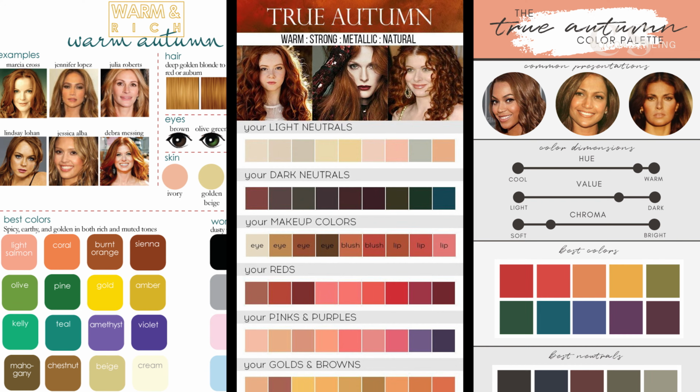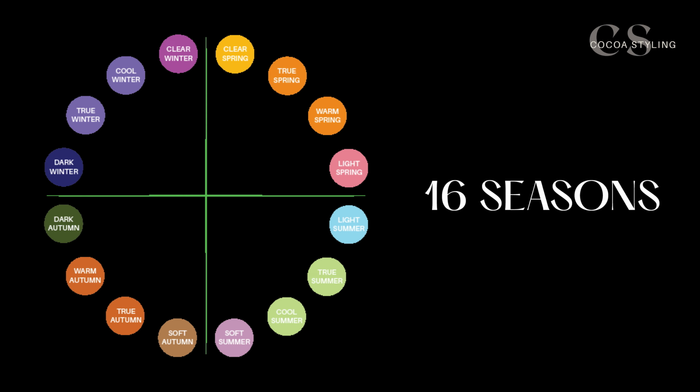The thing is that with that one, even if you call it true autumn, what it implies is that everyone that's a true season will be completely warm or completely cool, removing being neutral as an option, which can be very limiting. This is where the 16 seasons color systems come in.